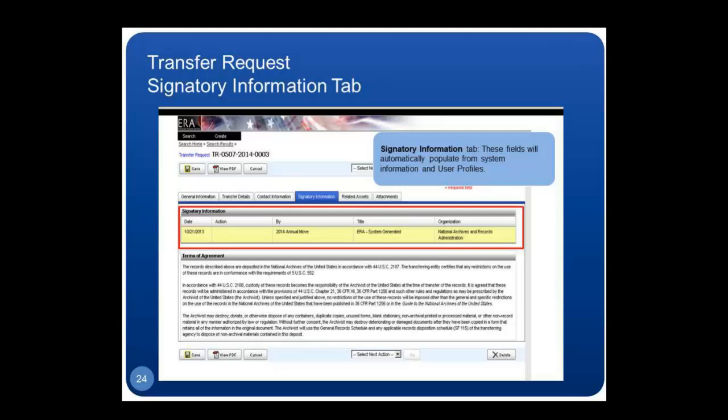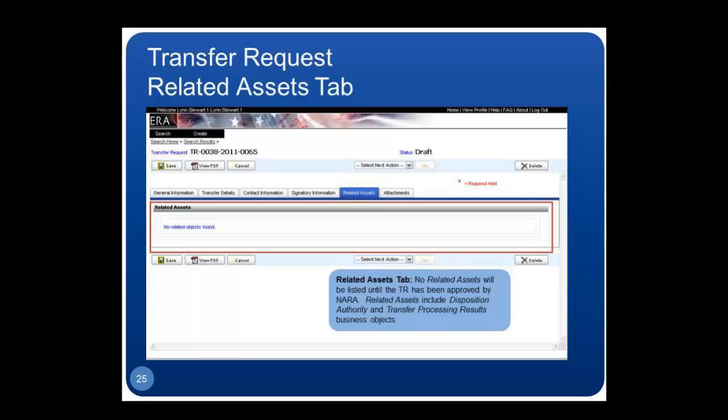But this is going to show you, for a specific TR, all of the actual actions, other than saving drafts, that were taken on this transfer request, okay? Again, nothing you have to do to that piece.